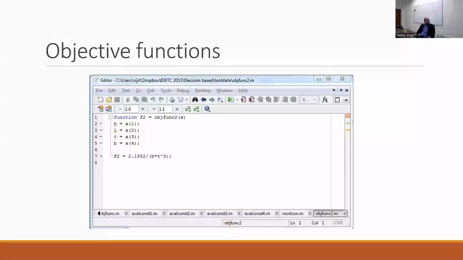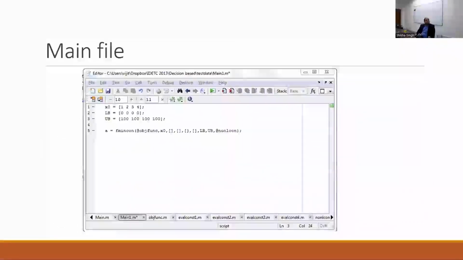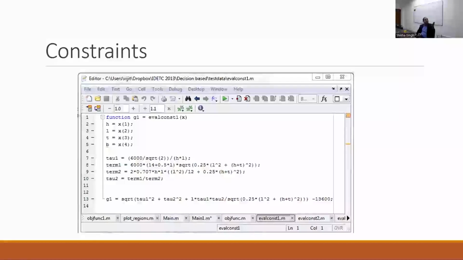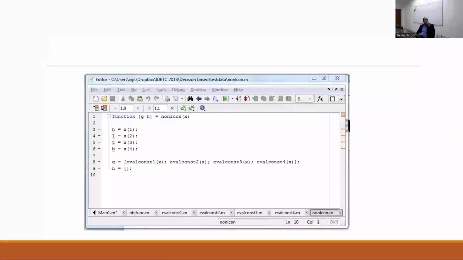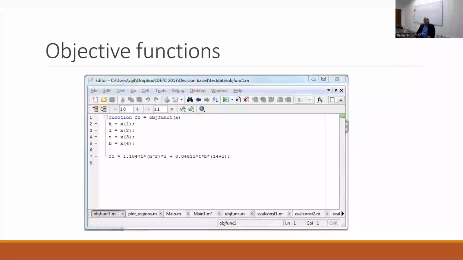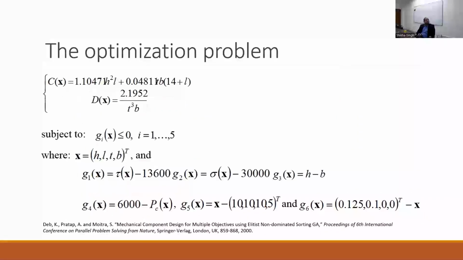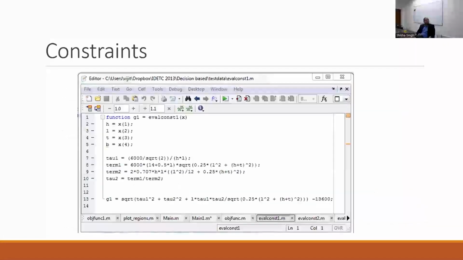Now, if I come back here, we have the objective function file, which I don't seem to have here. I do. So when you go to the objective function file, it calls the objective function 1 and objective function 2 files, right? Objective function 1, let me make sure that I don't say something incorrect: objective function 1 is cost, and objective function 2 is deflection.